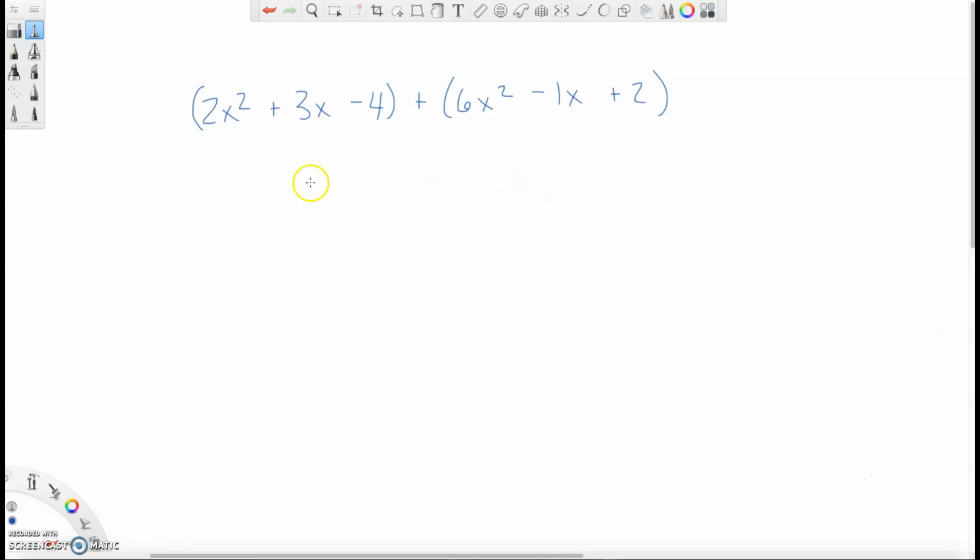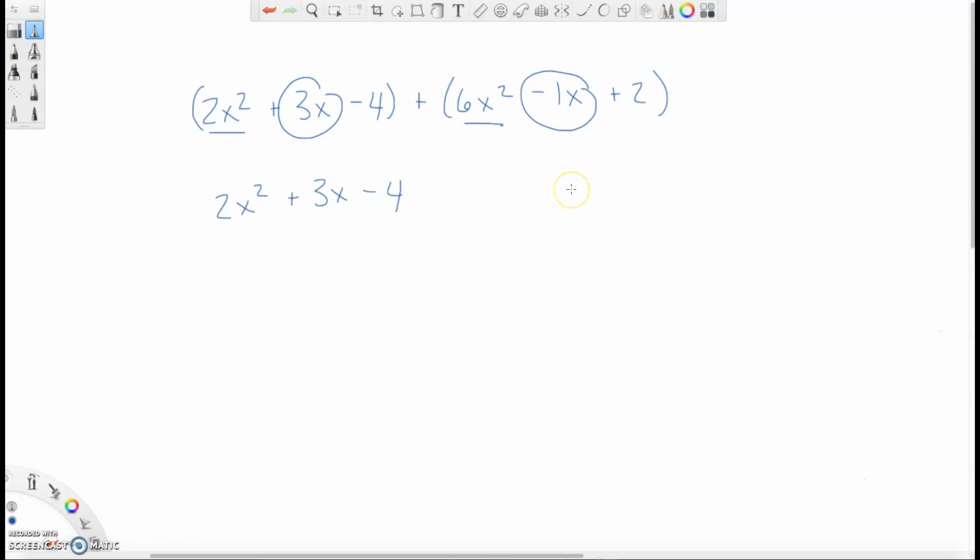I think a really powerful tool here, guys, is you can actually put these on top of each other. So you could write 2x squared plus 3x minus 4, and right below it, match up like terms. This 2x squared matches with this 6x squared, variable and exponent both match. 3x matches with negative 1x.